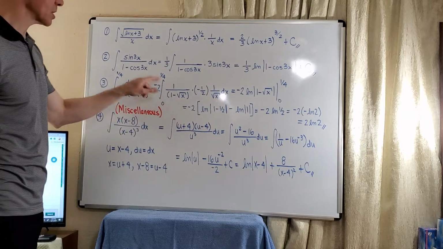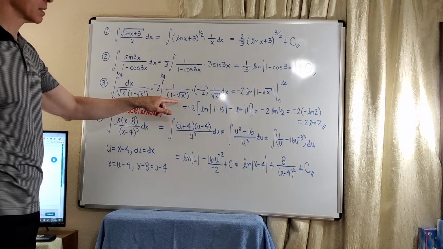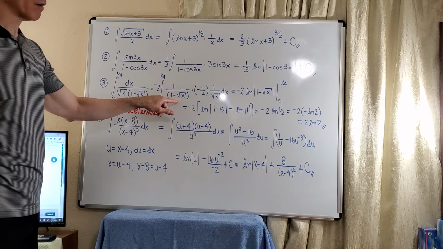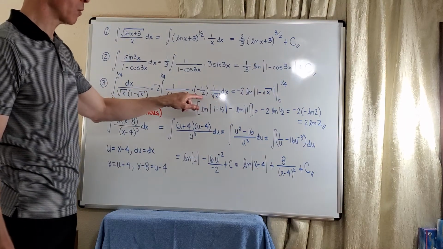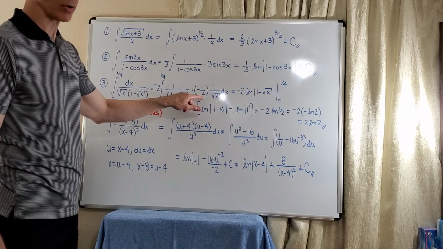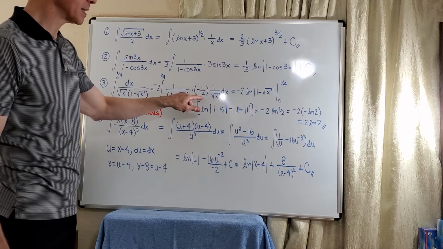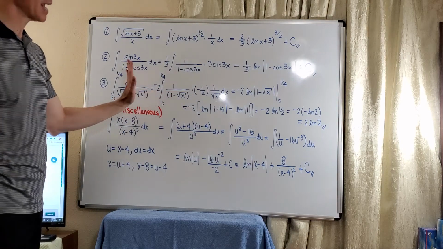But notice here, just like with the previous problem, the derivative of 1 minus the square root of x is going to be negative 1 over 2 root x. Okay, we have the root x, but we don't have the negative 1/2 factor. So just like we did up here, we'll put in the negative 1/2 that we need, and then we'll pay for it here. And now we're ready to go.